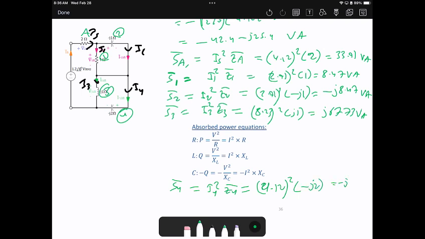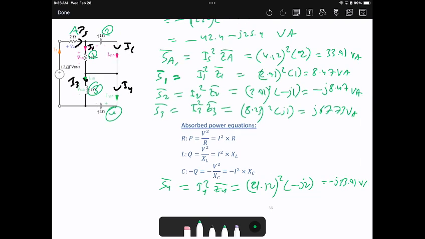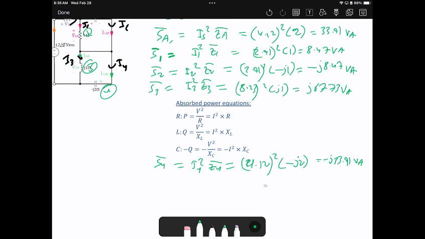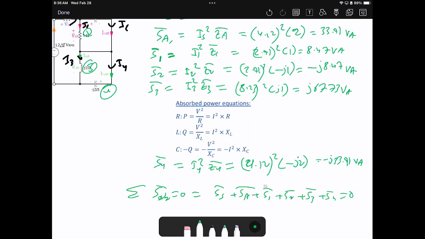So it will be negative J 33.91 volt-amperes. Okay? That's how we calculate it. Then the last thing is the sum of the power absorbed equals 0. This means S source plus SA plus S1 plus S2 plus S3 plus S4 must be 0. If not, then definitely there is something wrong.